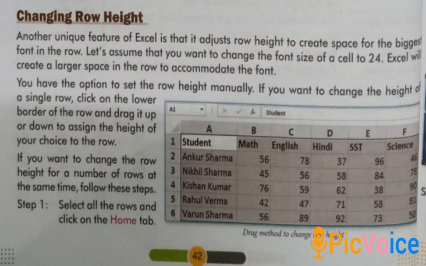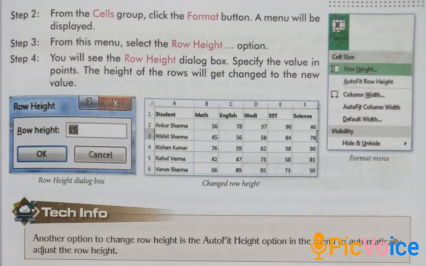Step 1. Select all the rows and click on the Home tab. Step 2. From the cells group, click the Format button. A menu will be displayed. Step 3.